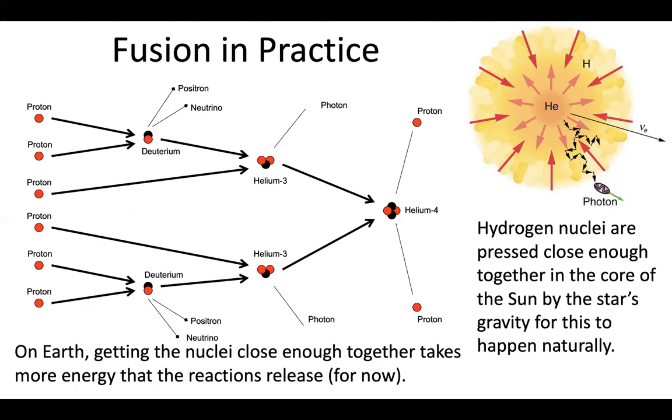That doesn't mean it doesn't happen naturally, though, because it does happen naturally. That big ball of hydrogen in our sky called the sun is doing this. The sun is a typical star. It's basically a gigantic ball of hydrogen atoms.